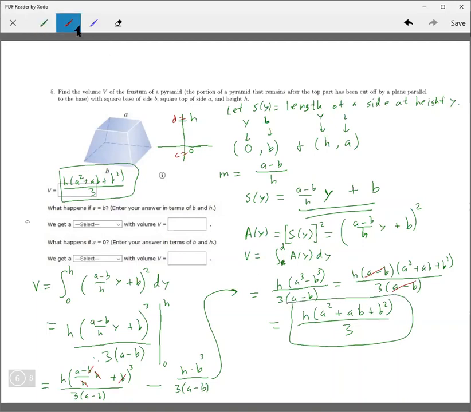Okay, now the next part. Okay, so here, what happens if a equals b? Okay, we'll just set a equal to b here. Well, what will happen is instead of this being shorter than this one down here, this will be the same size. So you'll have a rectangular solid.